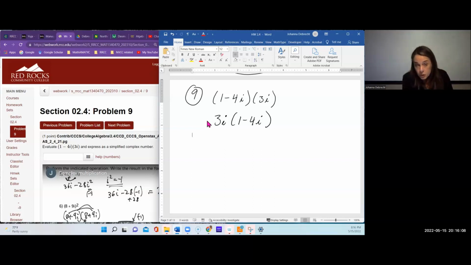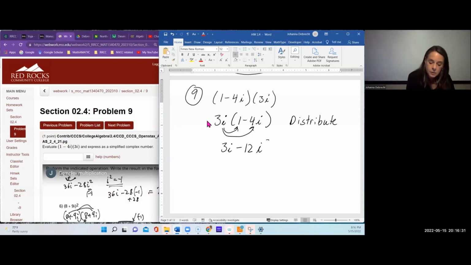Of course, distributive property. So we're going to use the distributive property to distribute the 3I over both terms on the inside. 3 times 1 is 3 with the I still attached. 3 times negative 4 is negative 12, and I times I is I squared.